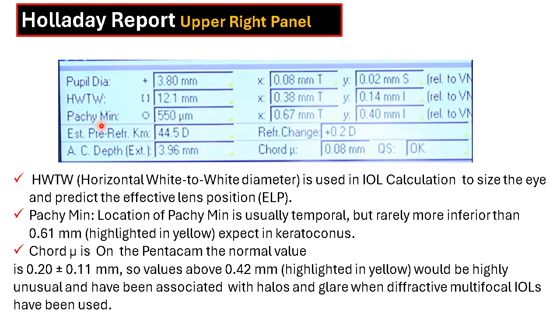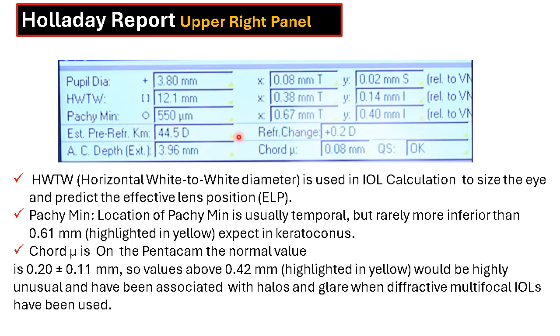Normally, there is a relation between the thinnest point and the corneal vertex. Normally, the thinnest point of the cornea lies a little bit temporal and below the corneal vertex, not more than 0.6. If it is more than 0.61, this may make the patient suspected to have keratoconus.